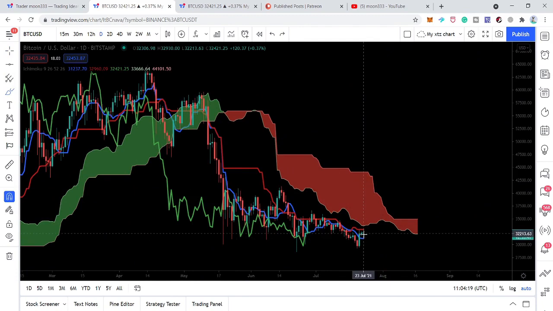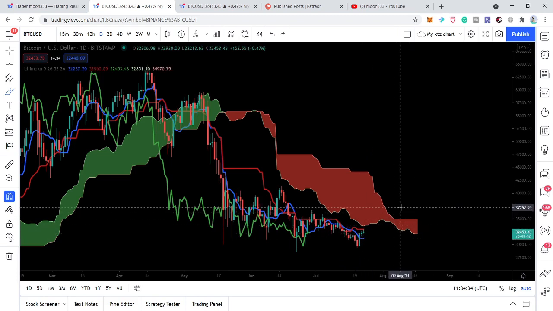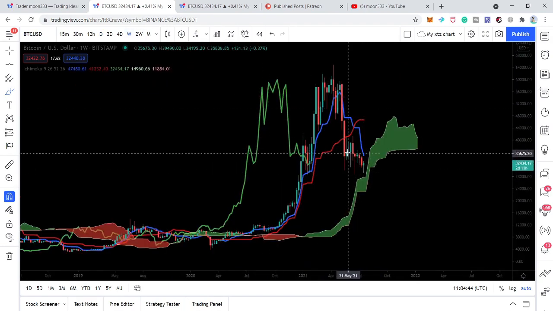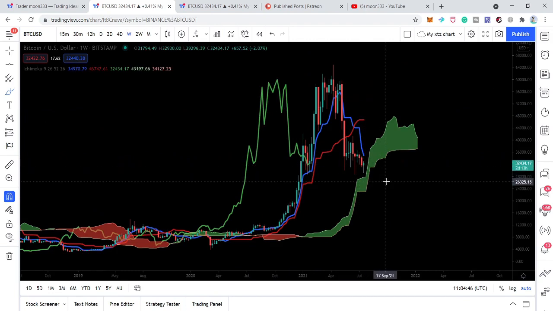And once the price action moves here, and we can see these are the dates from 3rd of August to 7th of August, then it will be a very great opportunity for the price action to break out of this Ichimoku cloud. And once the price line moves above this Ichimoku cloud on the daily time frame, then on the weekly time frame it can also save itself from crossing down this Ichimoku cloud on the weekly time frame as well.